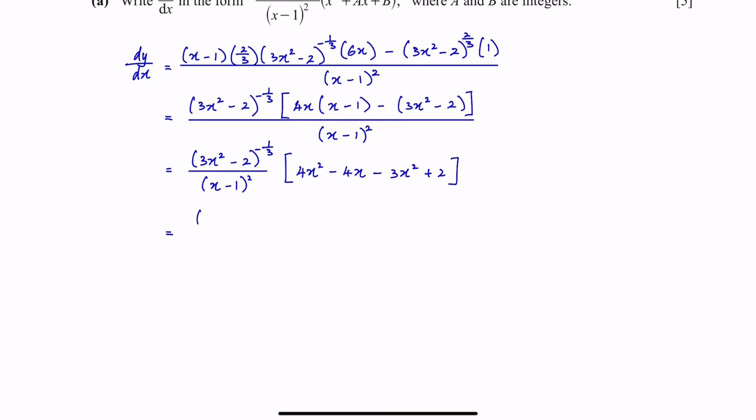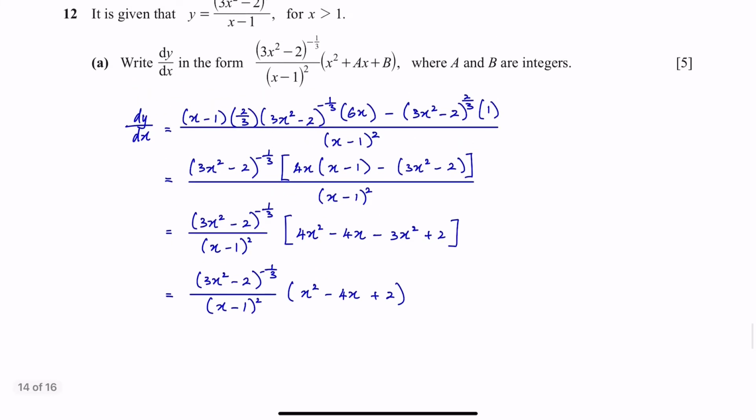So we would get (3x squared minus 2) to the power of negative 1/3 over (x-1) squared times (x squared minus 4x plus 2), which is exactly the format that they want.